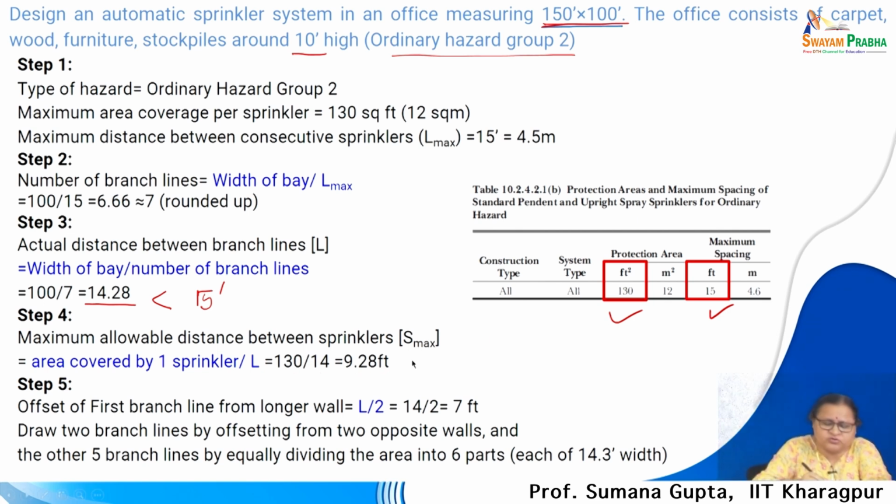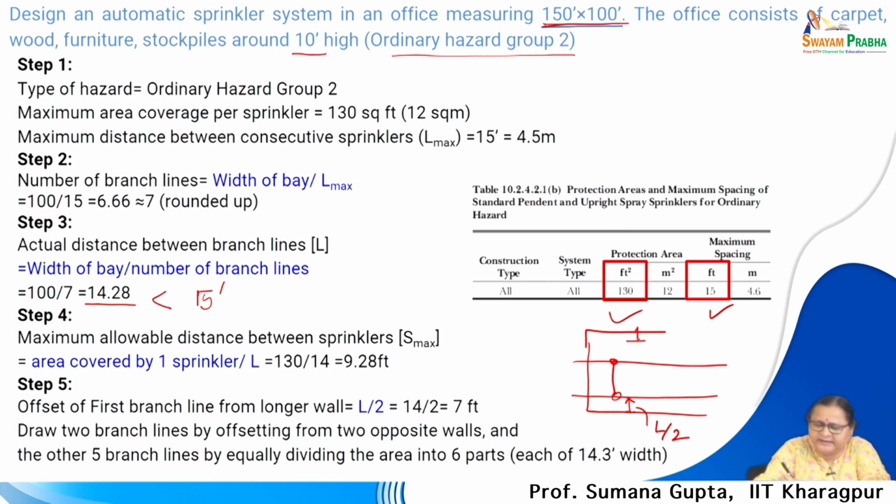So, in step 5 we are offsetting my first pipe from the periphery of the wall with distance L by 2. That means my pipe spacing will be L by 2 from the edge wall. On the other edge wall it will be again another L by 2, and my intermediate pipe lines will be at a distance L, which is equal to 14 feet, and this L by 2 is equal to 7 feet.